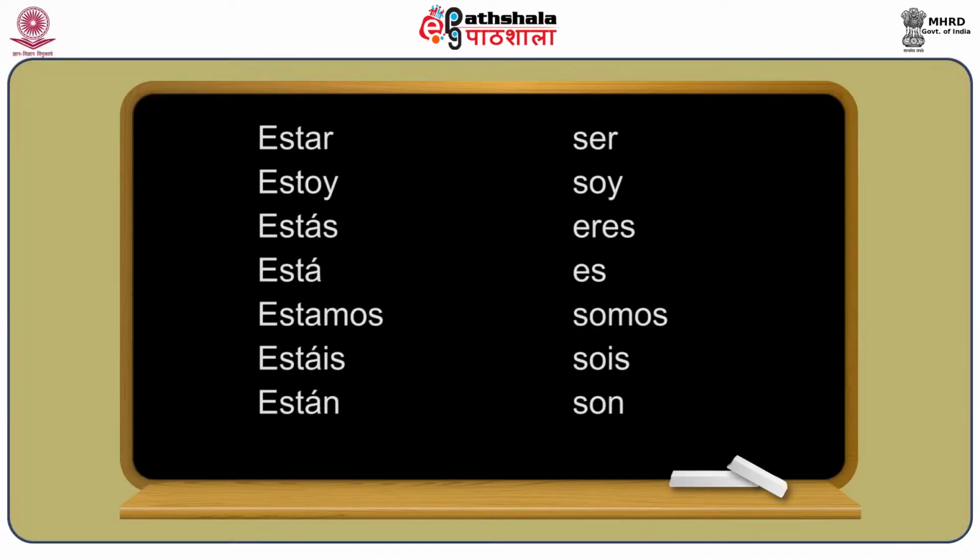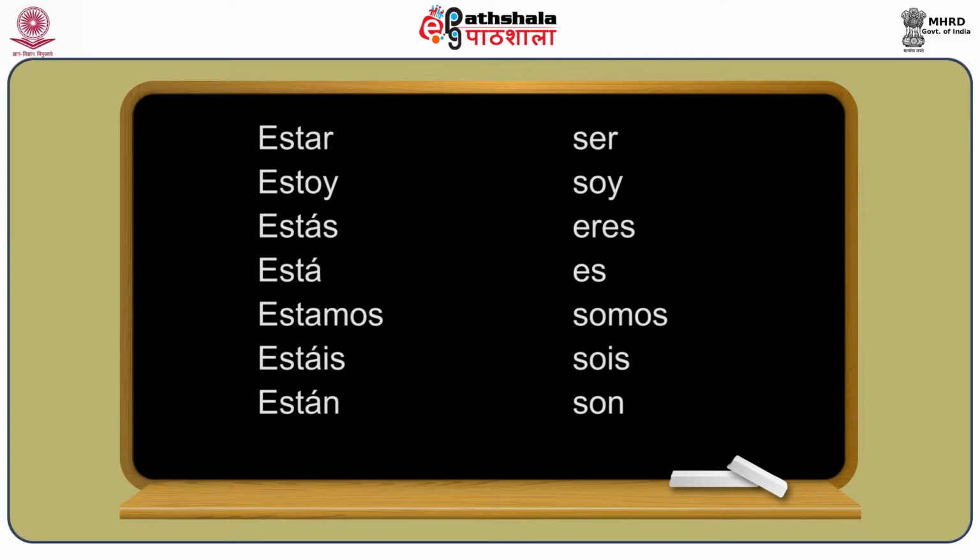Now first let's see how to build the present tense of these verbs for each person, which means let's see how we conjugate these two verbs which are ser and estar. So first we see the verb estar, which means to be.